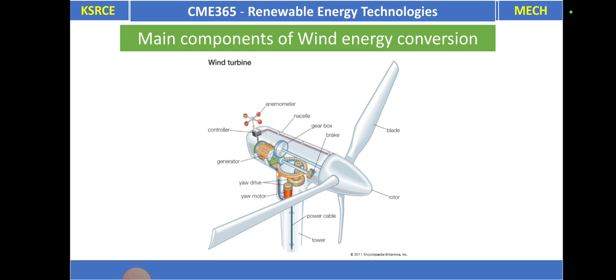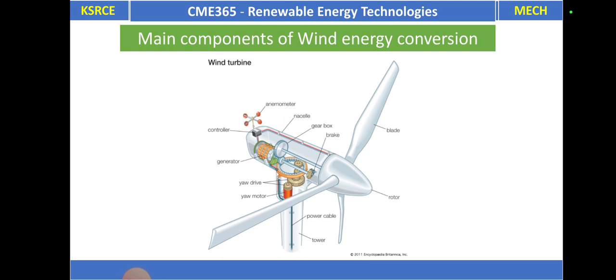Next one, rotor. The hub and the blades together compose the rotor. Most of the horizontal axis wind turbines use two or three blades in an upwind design. The blades are manufactured from fiberglass reinforced polyester, or wood laminates, or steel or aluminum.